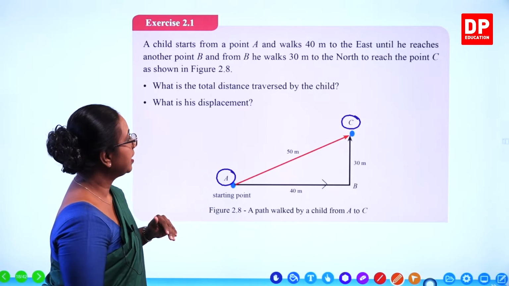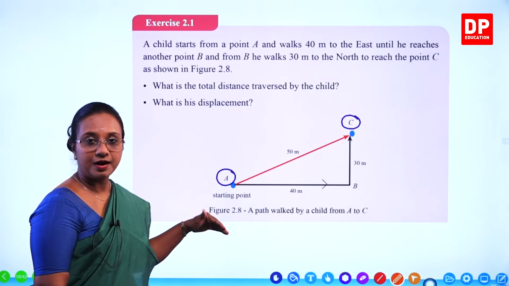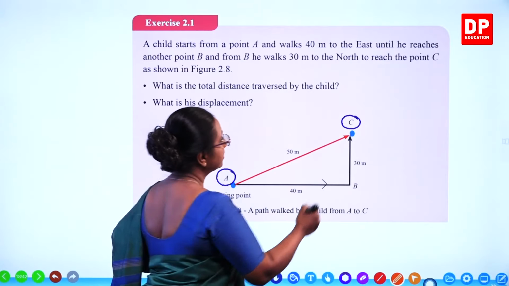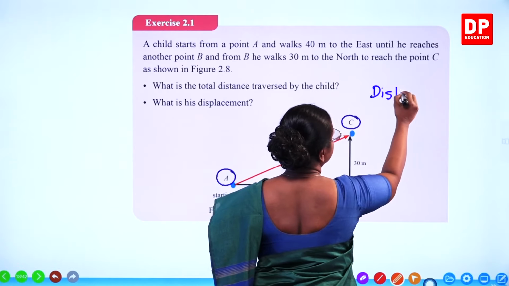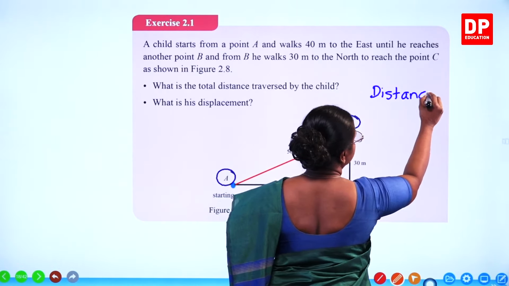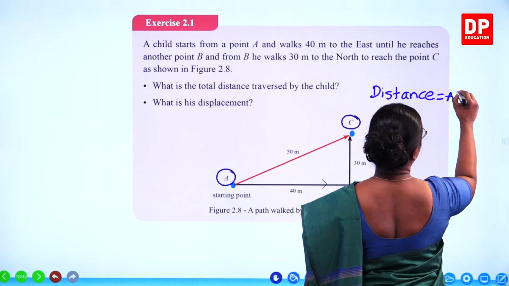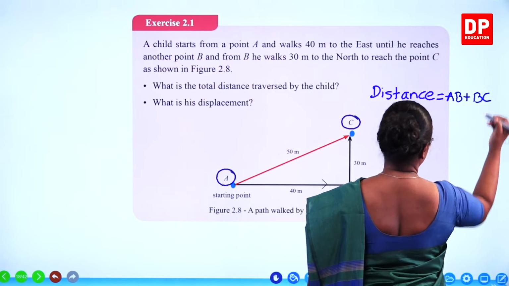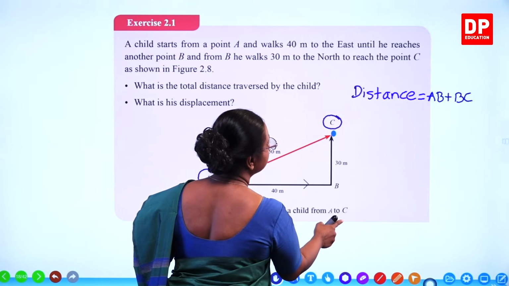So here, if we are to calculate the distance, it is the length of the path that has been traversed by the child. So here, distance will be the distance from A to B, then from B to C. So we shall do the calculation.